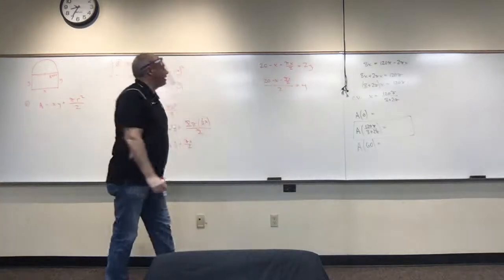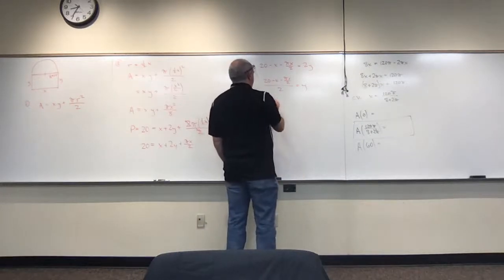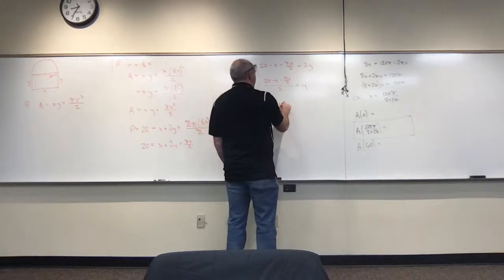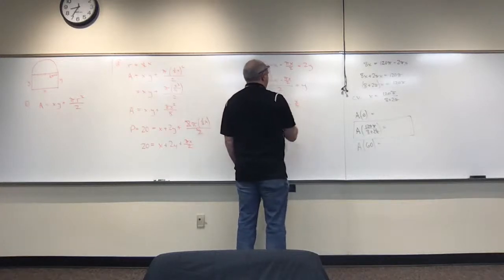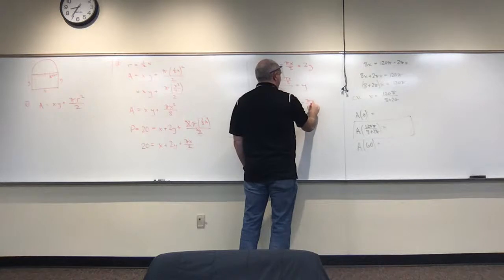Maybe I could make that a little bit better. I could write that as y is equal to 10 minus x over 2 minus pi x over 4.